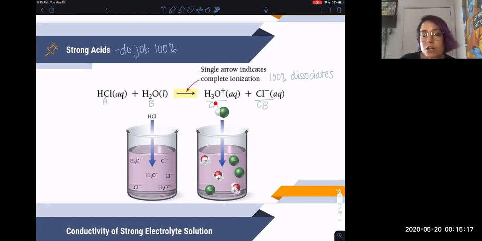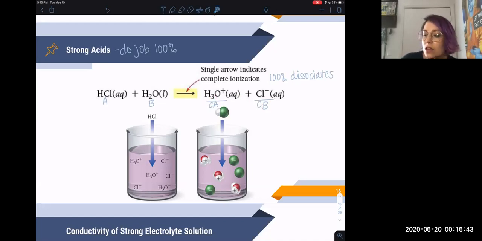Does this hydronium ever get to act as an acid? Does it get to act as an acid and give away its H and go in the reverse direction? Does hydronium ever get to give its H to chloride? No. This hydronium never gets to give its H to this chloride. So it never acts as a conjugate acid and it never acts as a conjugate base.